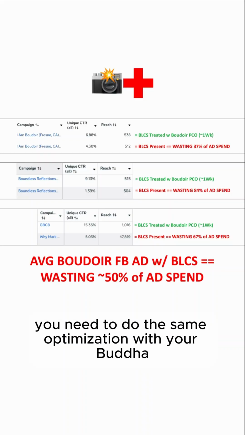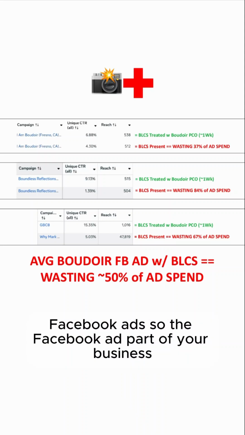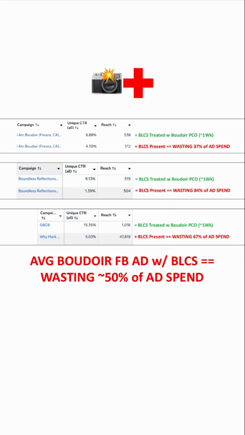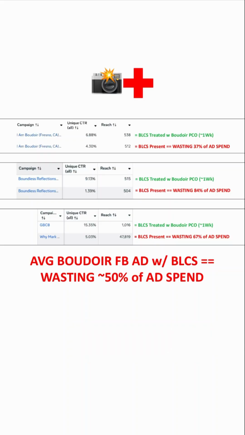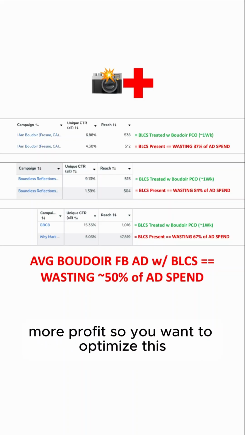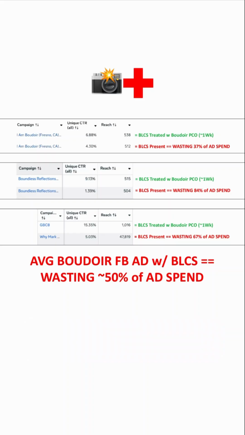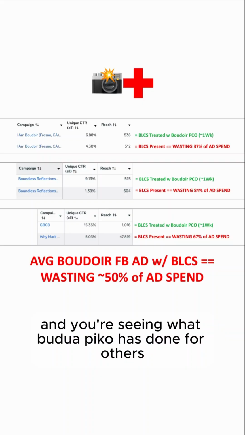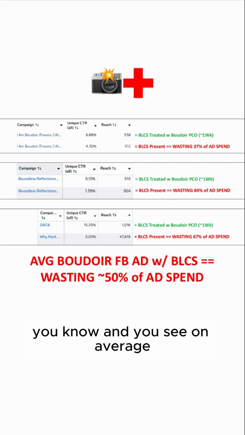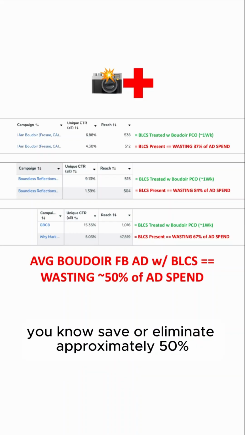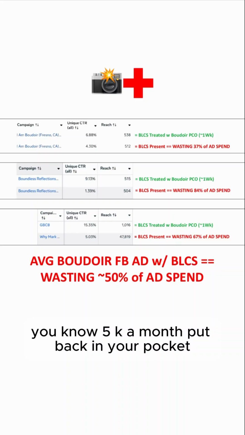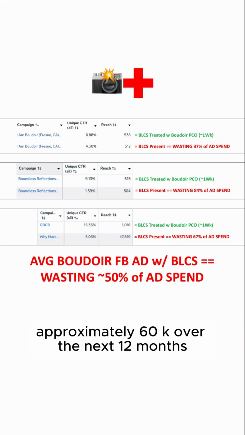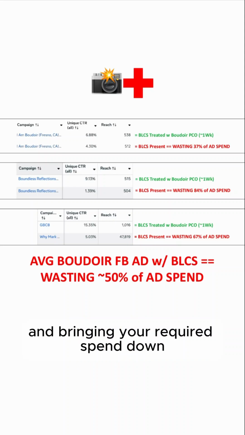And you've decided now you need to do the same optimization with your Boudoir Facebook ads, the Facebook ad part of your business, to pull more profit out, less waste, fewer inputs, same profit, or more profit. So you want to optimize this, and you're seeing what Boudoir Pico has done for others, the Boudoir Pico treatment, and you see on average it can save or eliminate approximately 50%. 5K a month put back in your pocket, approximately 60K over the next 12 months, by eliminating the wasted spend and bringing your required spend down.